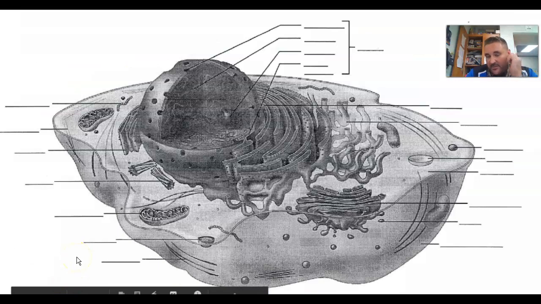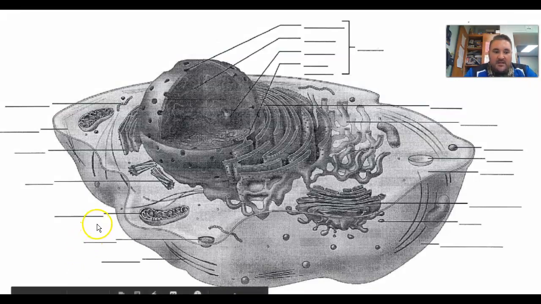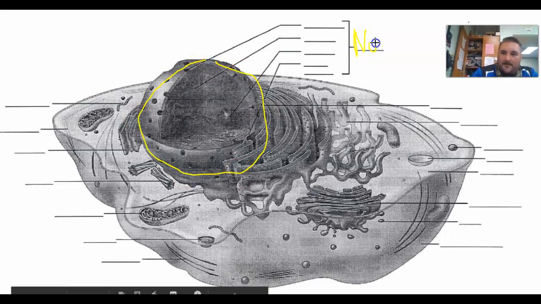So let's talk about a couple of those organelles before we get done here today. The first organelle that we're going to label here now is this. This is our nucleus. Inside the nucleus, you have this ball here.